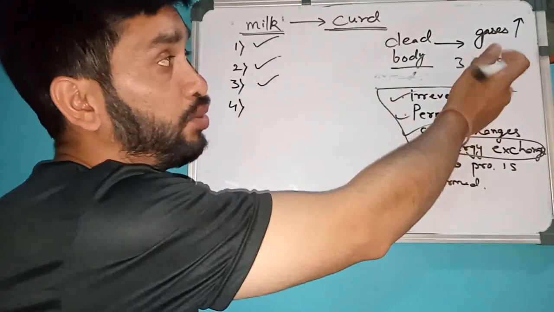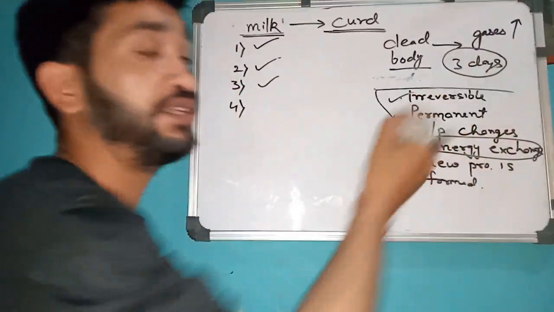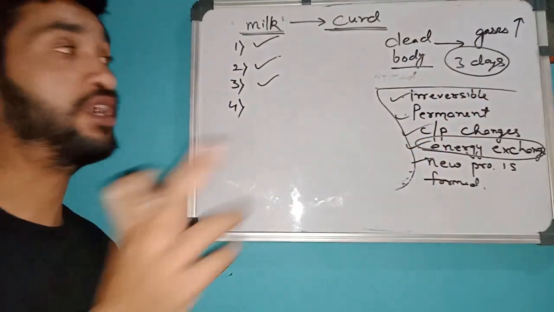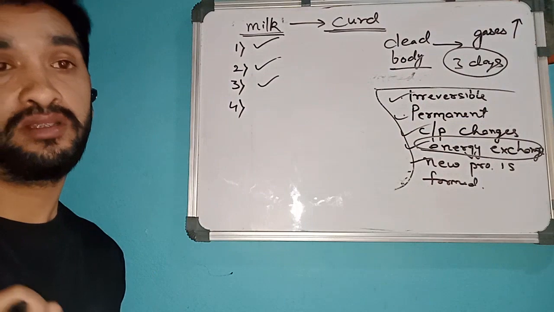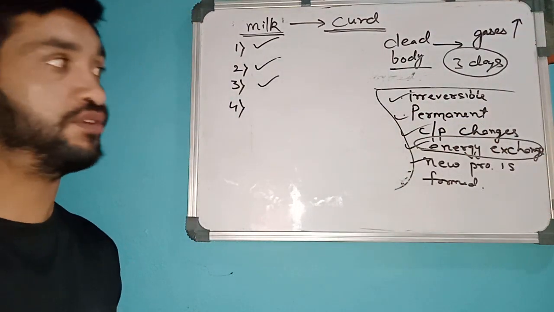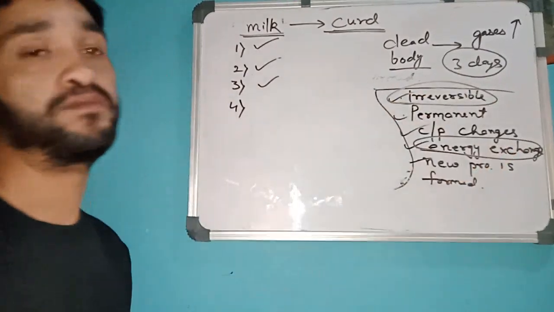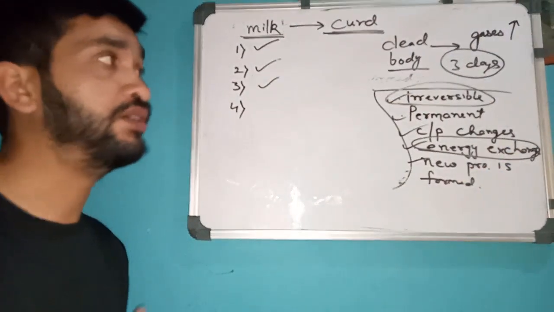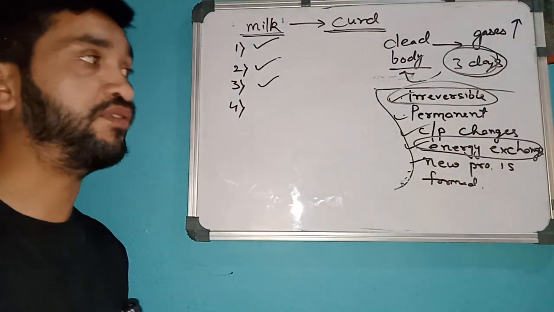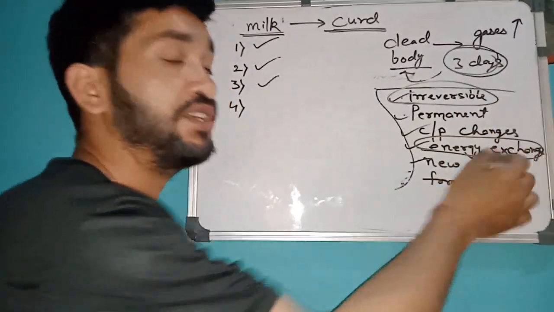After 3 days, you cannot apply any medicine, you cannot use any technique to convert it back to the condition of that dead body which was 3 days before. Why? Because energy exchange has taken place. You cannot reverse. Again, see the word reverse. That's why I said to you that it is the most important point here. You cannot reverse this state back to the state which was 3 days before. So why did it happen? Because energy got exchanged.